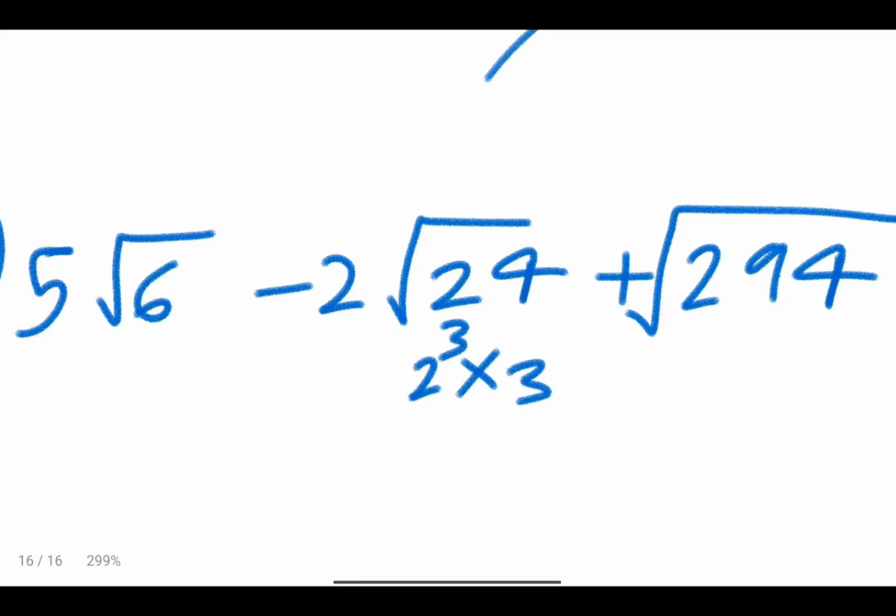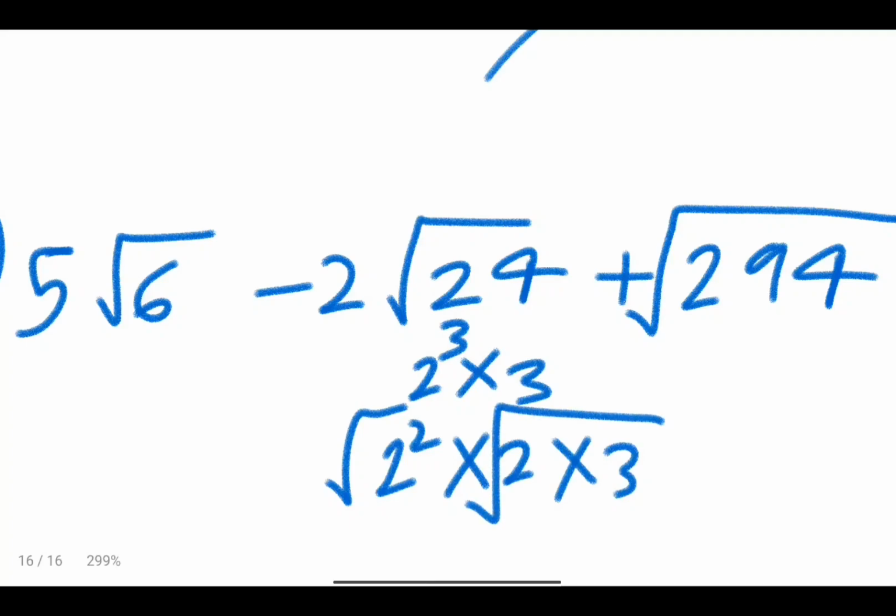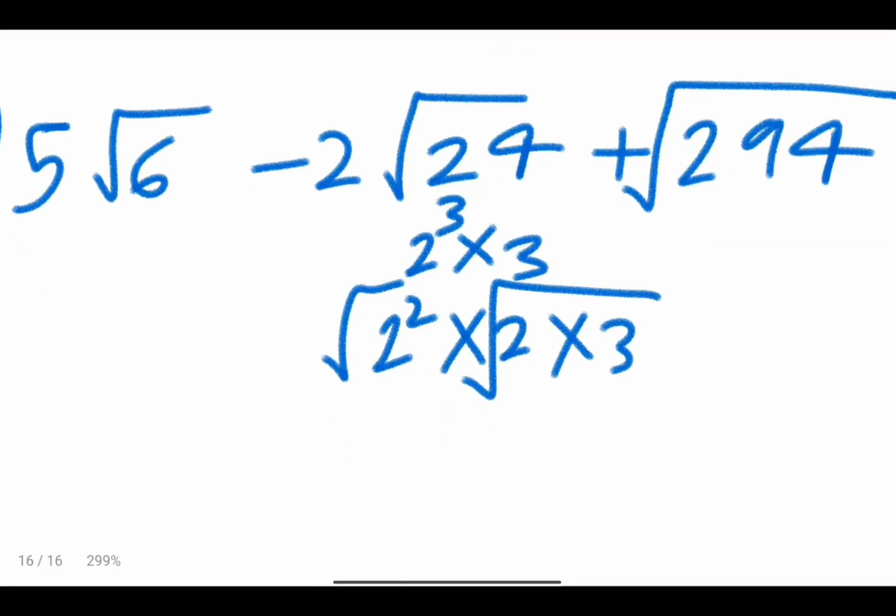Now, this does not work because we don't need a 3 but a 2, so we will do it like this. 2 squared, 3, all of this has a square root. So it turns out to only 2 root 6.